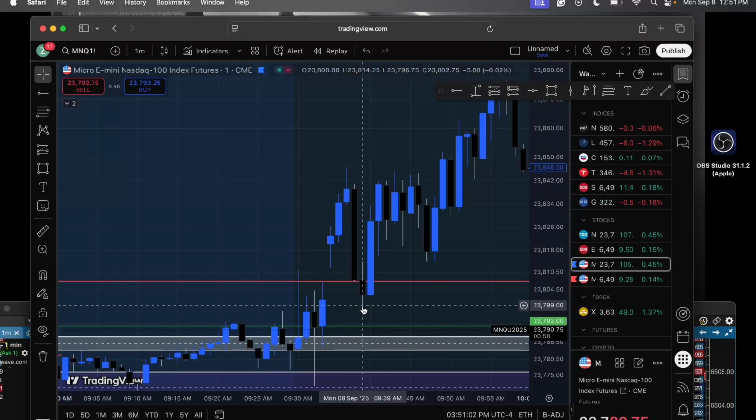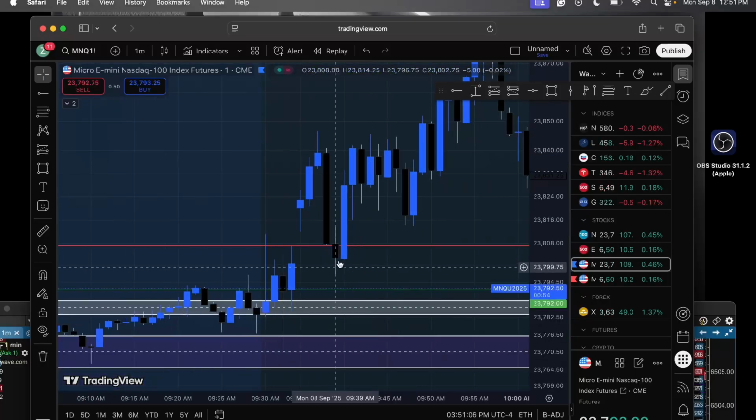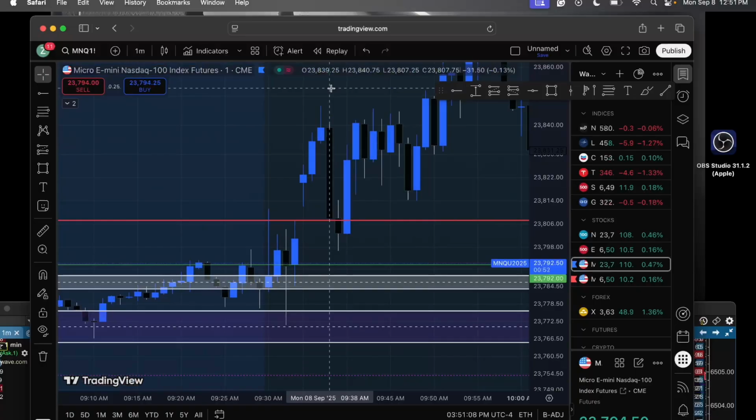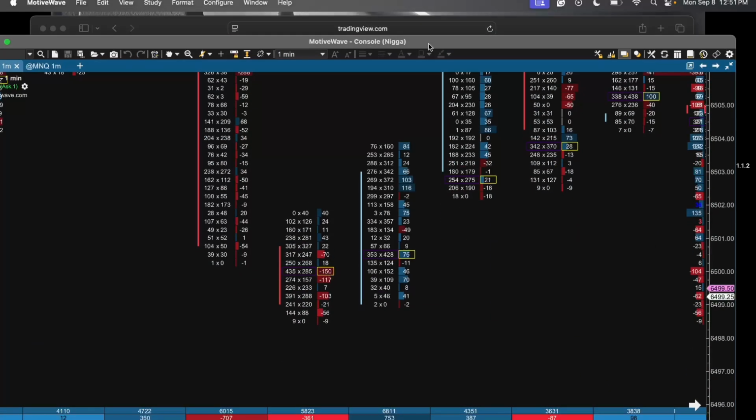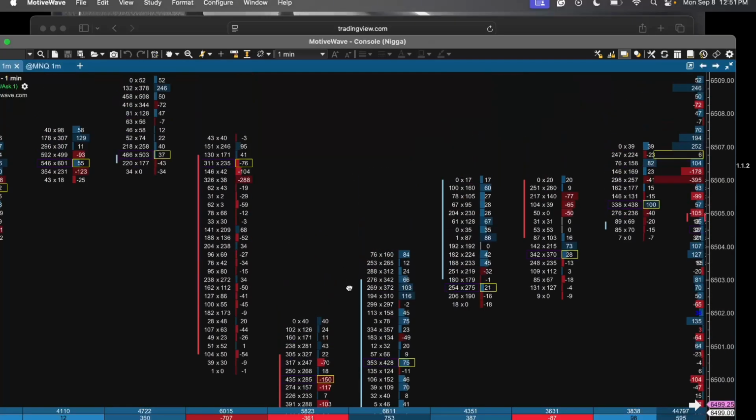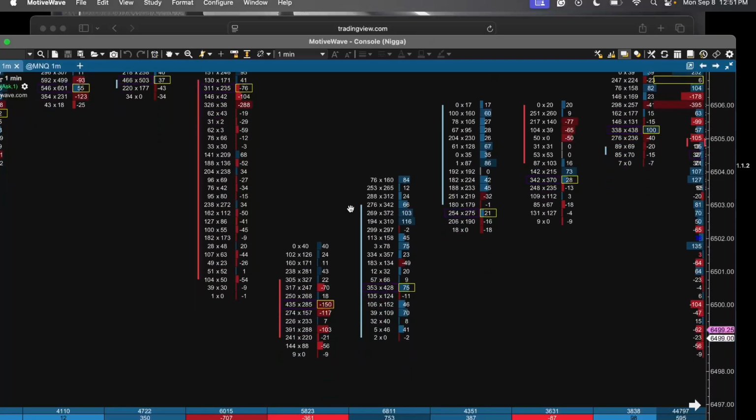And that was right here in this candle. See right here? And then we reverse from there. Trap traders trapped, wait for price to move above, rally higher.